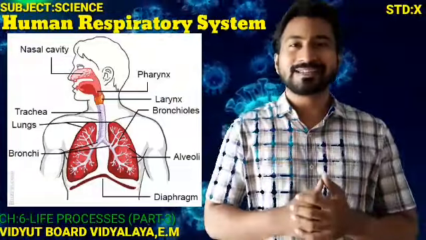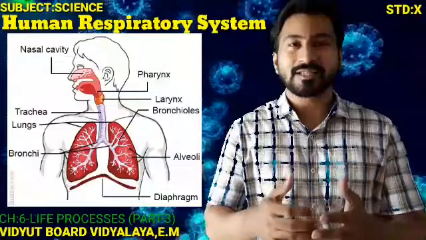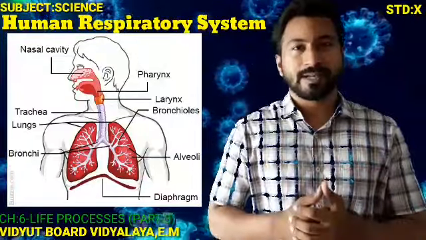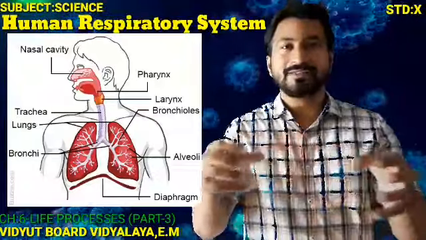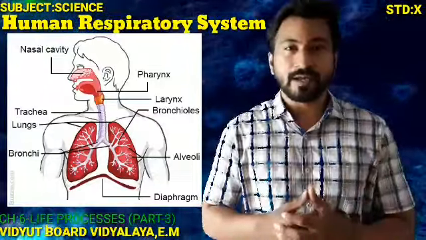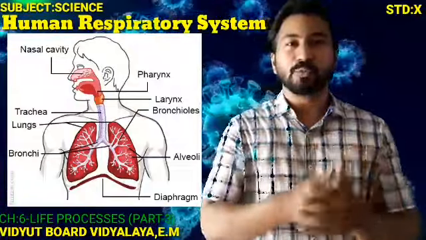Near the pharynx, we humans have the larynx, mainly considered as the voice box. Now this pharynx region further divides into two tubes. One of them is the windpipe and the other is the food pipe.